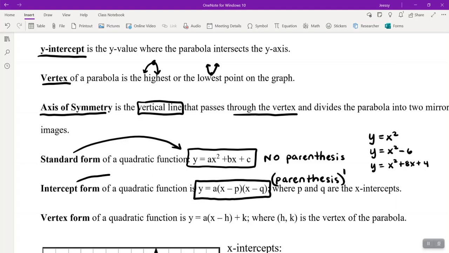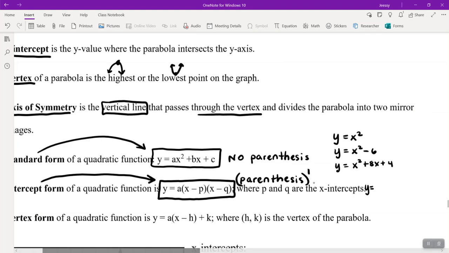So that could be something like this: y equals (x plus 2)(x minus 3). You have 2 sets of parentheses, but all of them have an outside exponent of 1. It's an understood 1. Or you can look like this: y equals 3x times (x plus 2). You only have 1 set of parentheses, but it still is being raised to the first power.